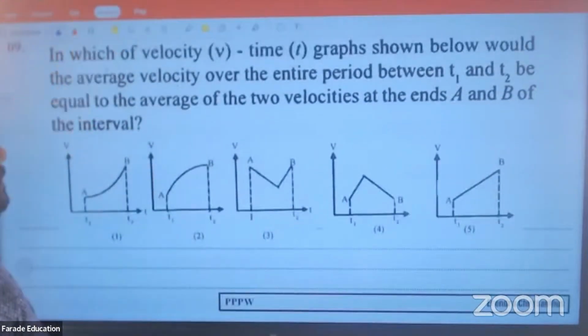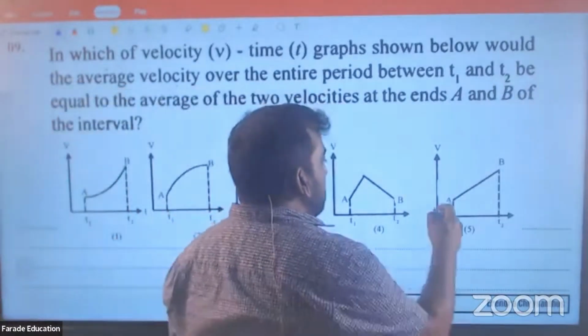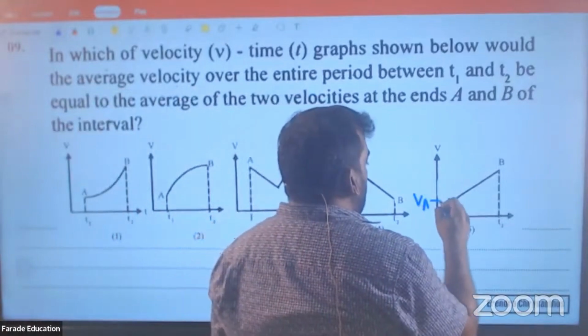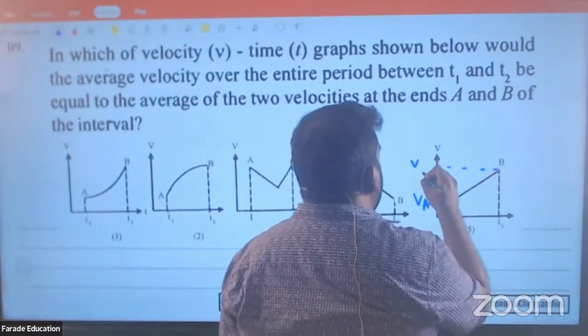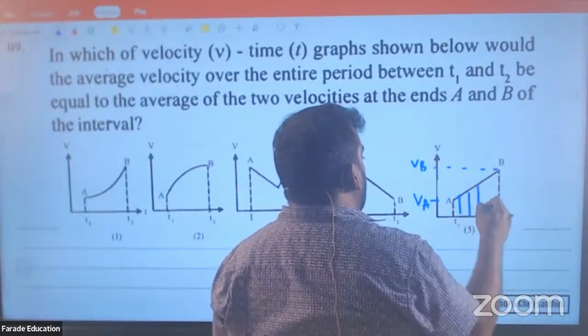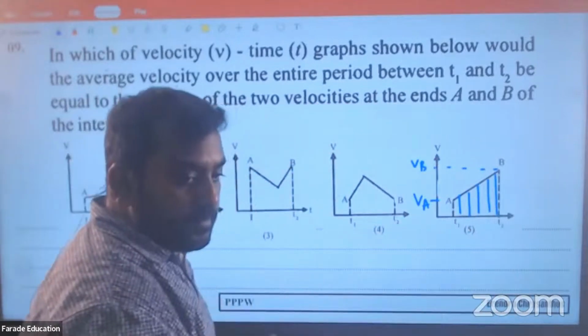Which of the following velocity-time graphs shown below would give the average velocity over the entire time period? Average velocity over the entire time period is equal to the average of both the velocities at A and B. Average velocity is total displacement divided by total time.